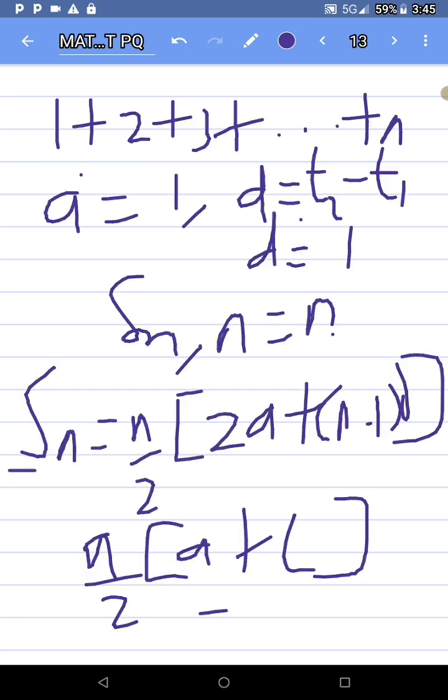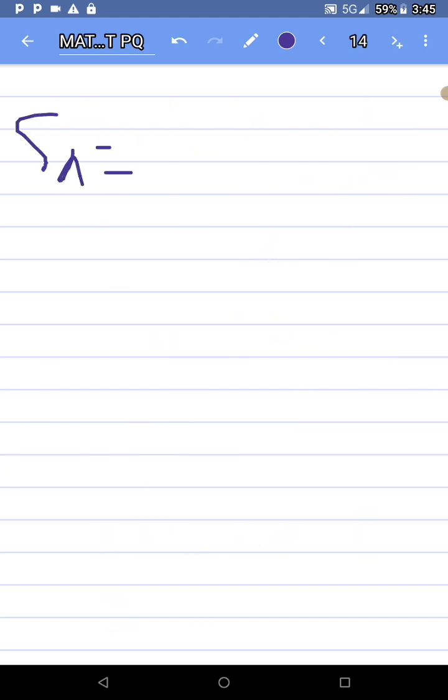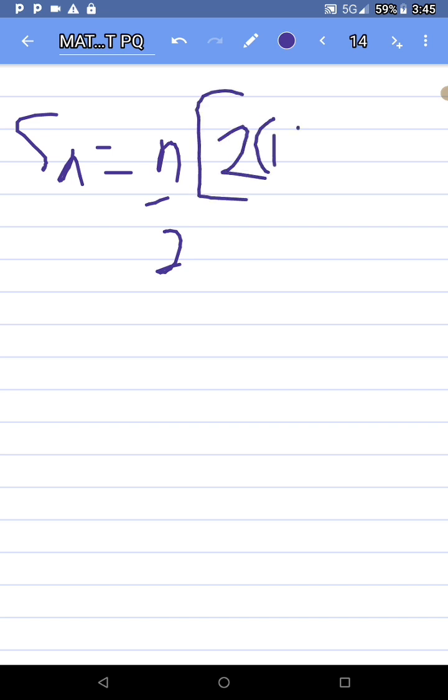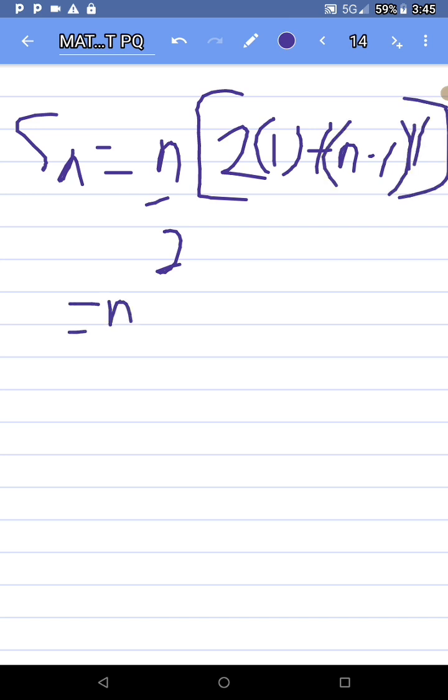So that will be Sn equals n over 2 into bracket 2 times our first term, which is 1, plus n minus 1 times our common difference, which is still 1. So that will be n over 2 into bracket 2 plus n minus 1, which is n minus 1.